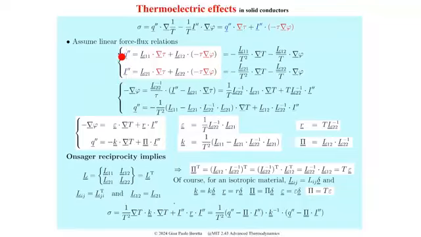So it's a 6 by 6 matrix, which you can cast in this more compact way. But this 6 by 6 matrix has to be symmetric by the Onsager reciprocity.